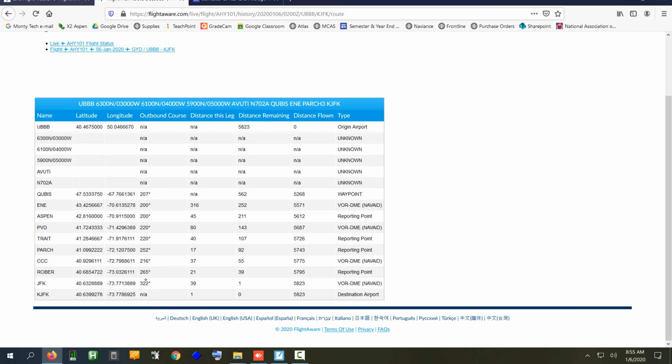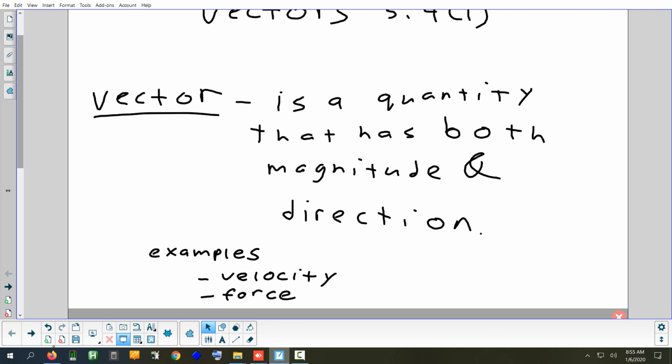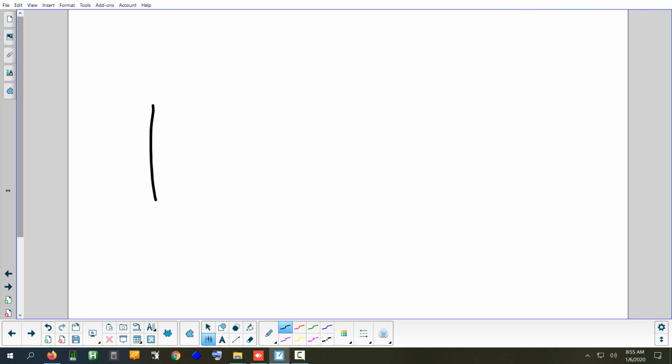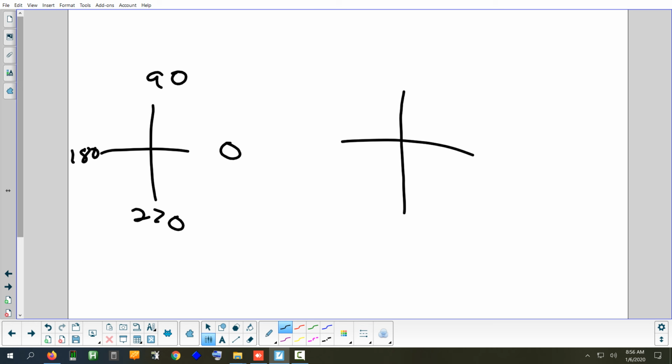Okay, if you look at a compass, you can look at the direction and it's summarized in degrees. Not quite the same way we do degrees, right? So when we label things, we go 0, 90, 180, 270, right? That's how we do it. If you look at a real compass, north is 0, east is 90, south is 180, and west is 270.